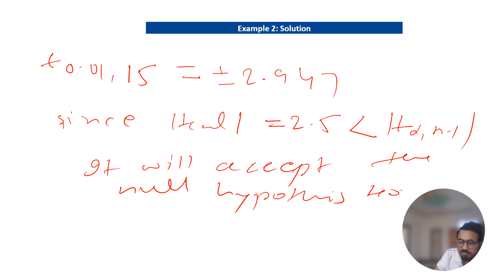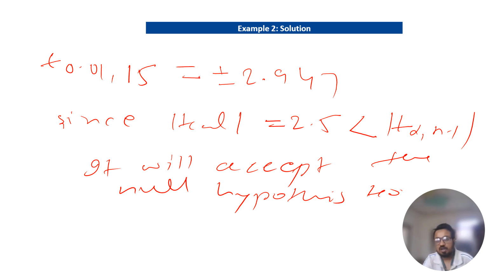This means what? There is no significant difference at the significance level of 1%. Okay. So this is all about the problem based on hypothesis testing for the mean of sample size less than 30.